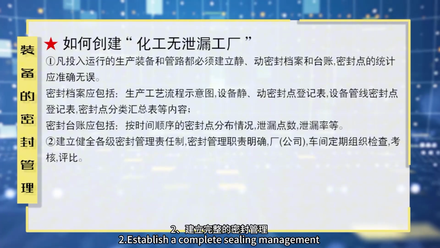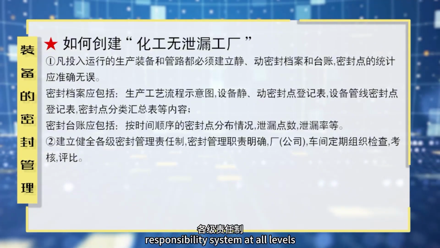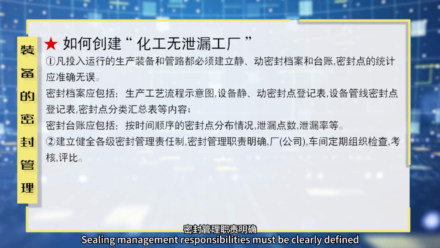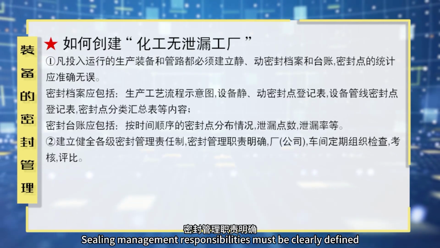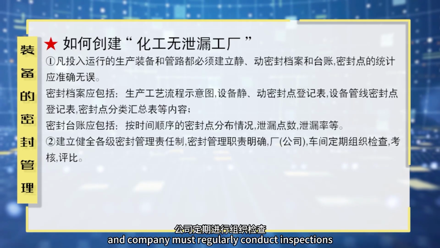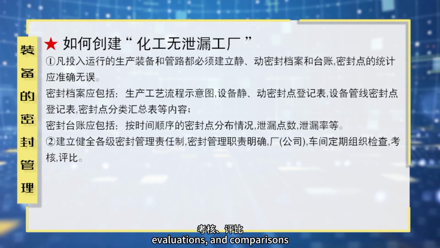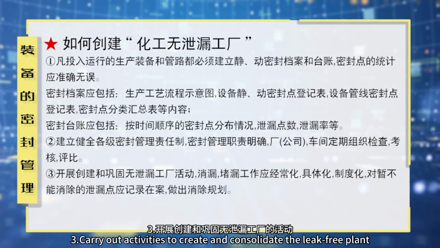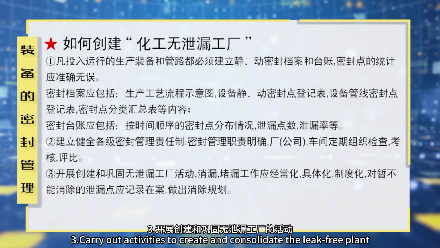Second, establish a complete sealing management responsibility system at all levels. Sealing management responsibilities must be clearly defined. The plant, workshop, and company must regularly conduct inspections, evaluations, and comparisons. Third, carry out activities to create and consolidate the leak-free plant.